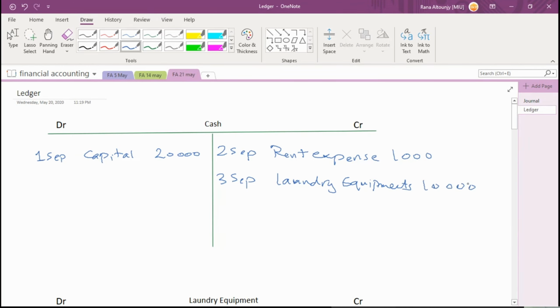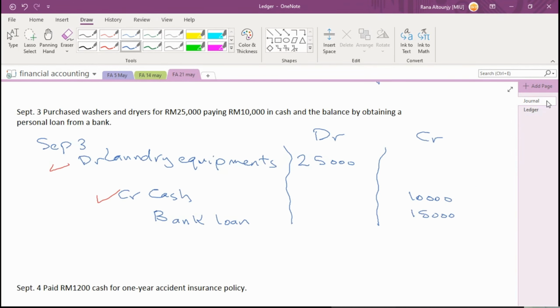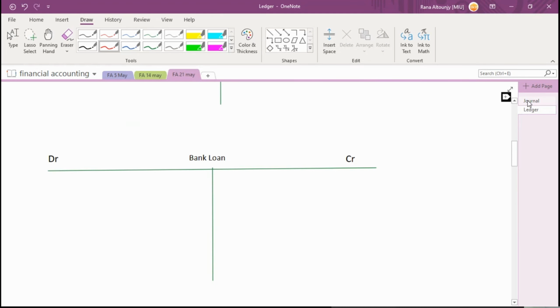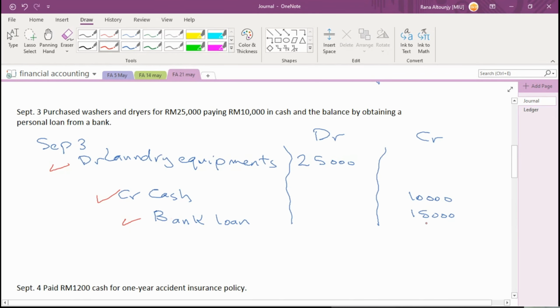Because here we have a compound transaction, when we are writing the cash side, we don't put the whole amount of 25,000. We put only what is related to the cash, the 10,000. Then we go to the bank loan. We need to write the transaction in the bank loan T account. We write it in the credit side because bank loan is in the credit side.